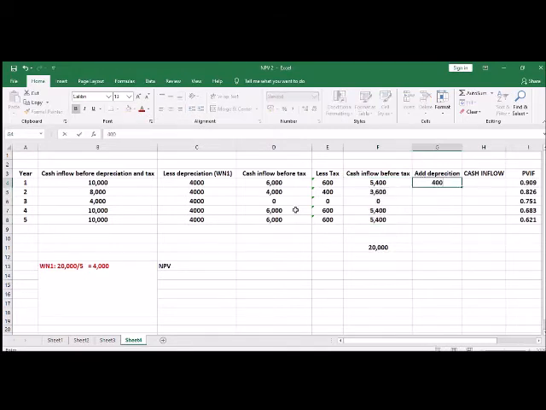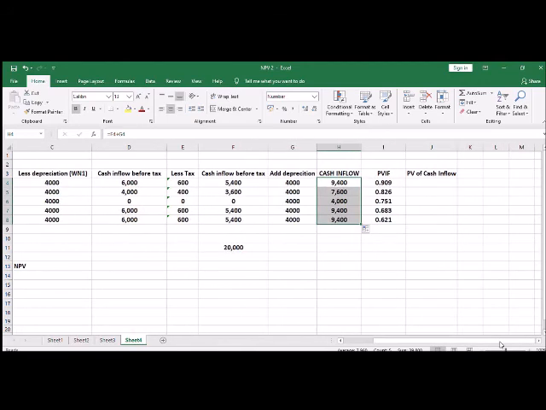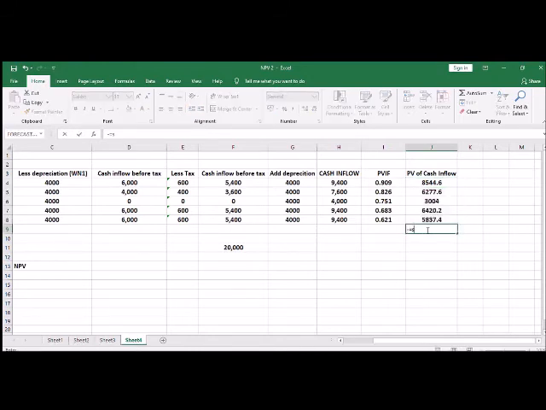Now we calculate the PV of cash inflows, which is cash inflows into the PVIF amount from year 1 to year 5. Now we'll take the sum of all the PV of cash inflows from year 1 to 5, which will in turn be 30,083. We calculate NPV, which is equal to PV of cash inflow, that is 30,083 rupees minus 20,000. Then the NPV for this particular project is 10,084.